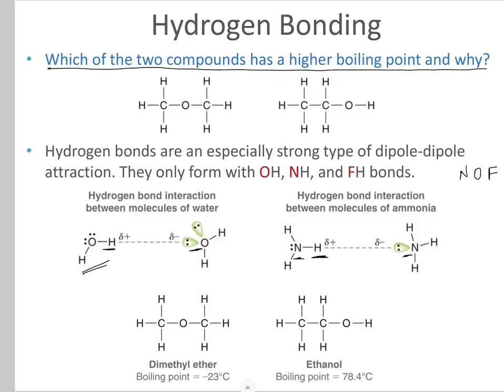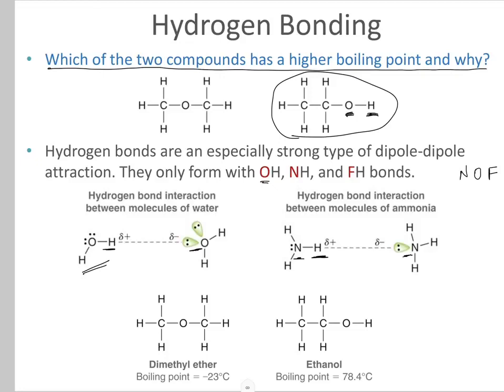Based on what we have explained, we need to look at the oxygen and the hydrogen. Here the oxygen is bonded to hydrogen, which means in this molecule we are going to have an intermolecular force where the oxygen is going to be bonding to the hydrogen of another molecule of the same compound.